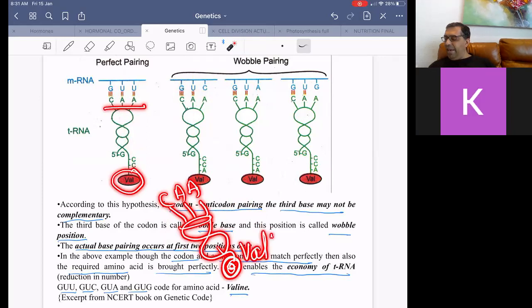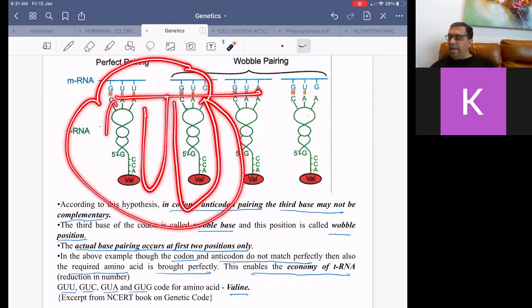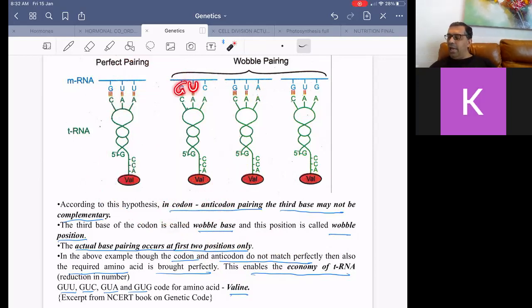CAA anticodon picks up valine. तो वेलिन के लिए कौन सा एंटीकोडन हो गया है? CAA. And it will go into the ribosome and fit into the A site. तो A site के ऊपर अब कौन सा tRNA आ गया है? For GUC you have CAA. तो G और C के बीच में ट्रिपल हाइड्रोजन बॉन्ड बनेगा.